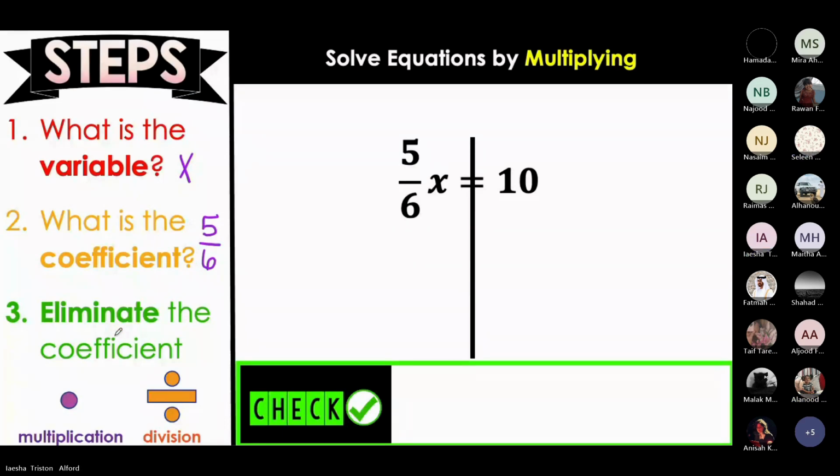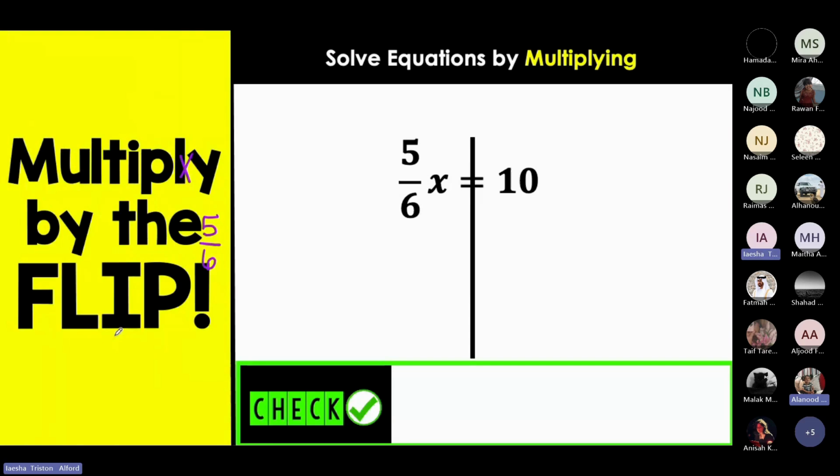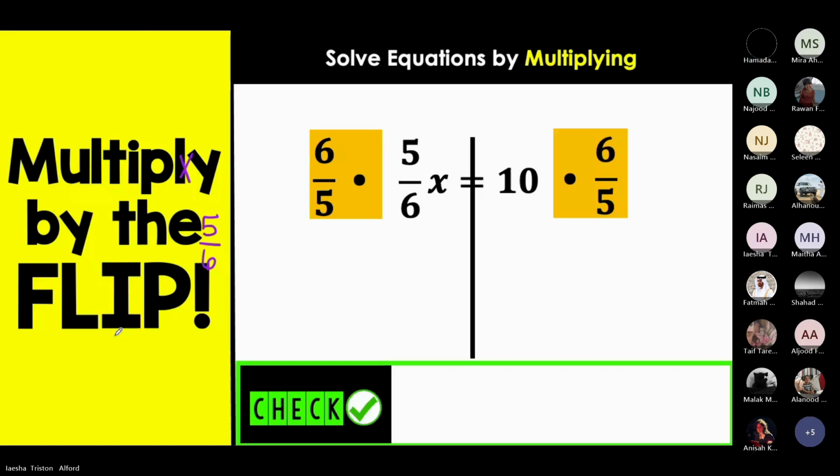Well, you could divide, but multiply by the flip, both sides. What's the flip? 6 over 5. Multiply 6 over 5 by 5 over 6.